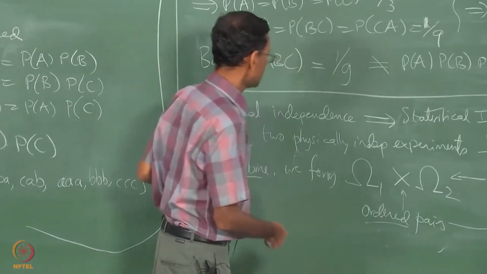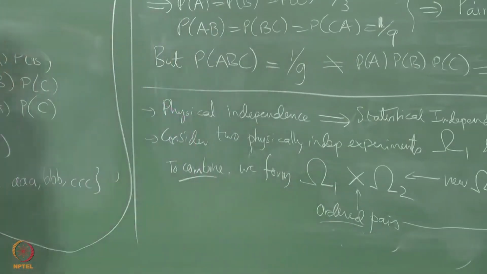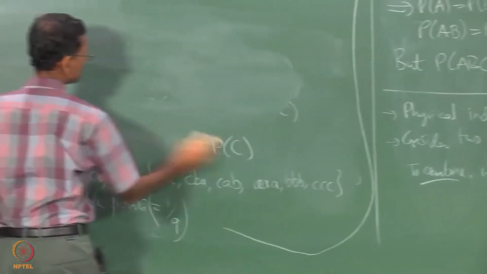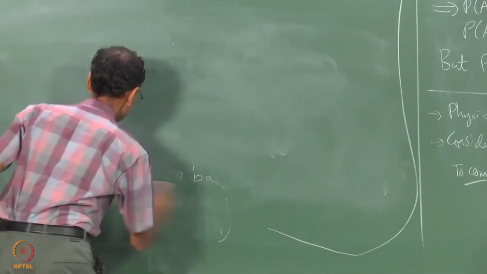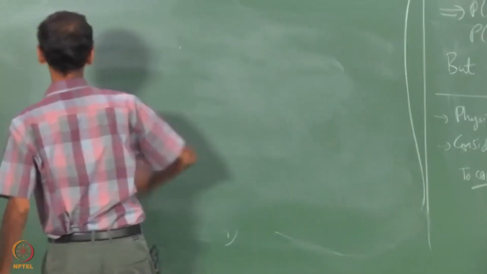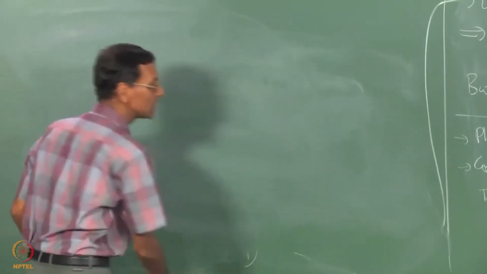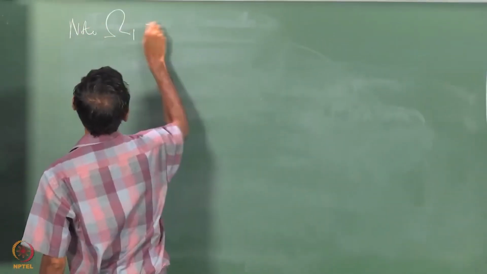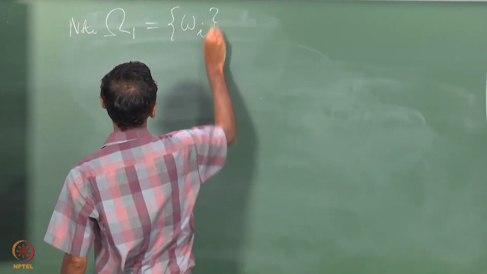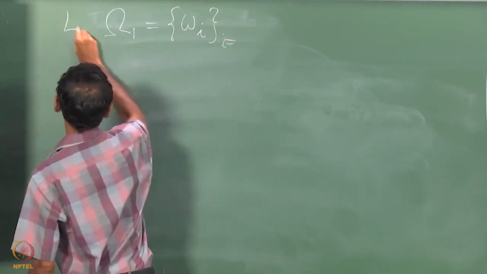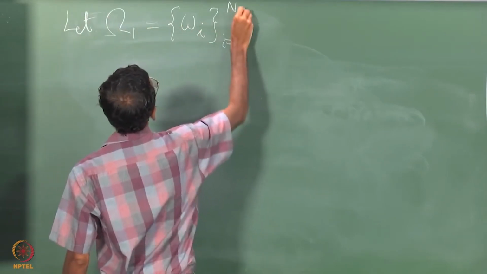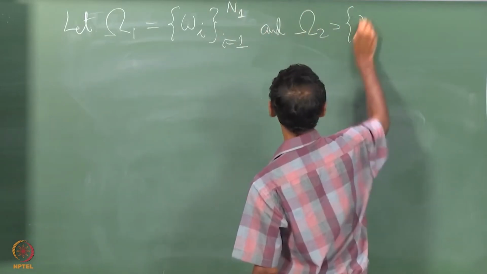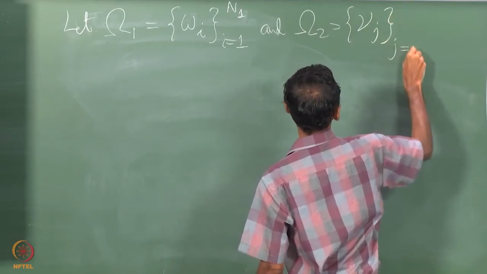So once again, let me continue here and clearly write this out. Let omega 1 be omega_i, i equal to 1 to n1, and omega 2 be nu_j, j equal to 1 to n2.